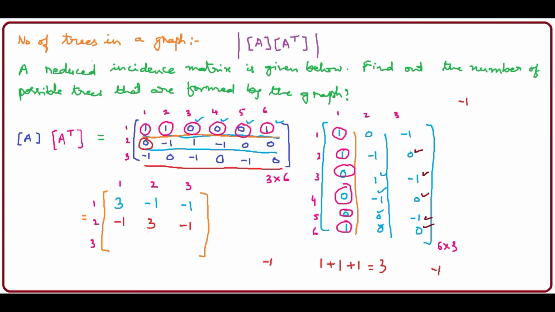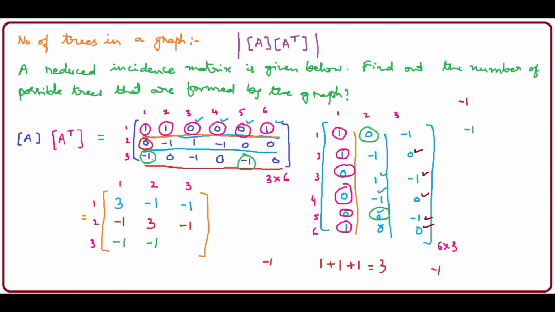So it will be minus 1 only. Similarly, next one, minus 1 into 0 is 0, 0 into minus 1 is 0, minus 1 into 1 is minus 1, and 0 into minus 1 is 0, minus 1 into 0 is 0, 0 into 0 is 0, so it will be minus 1 only.